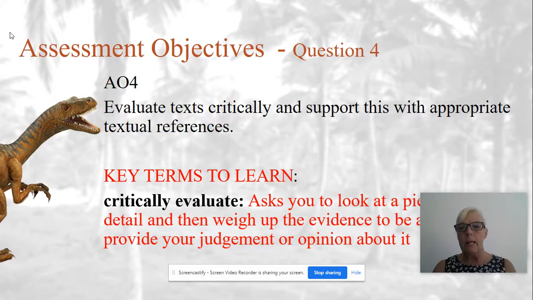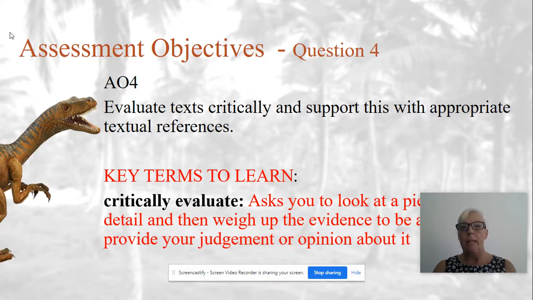Do we really understand what that is? If you critically evaluate something, then what the examiner is asking you to do is to read a piece of text and look at it in a lot of detail, sort of like take it apart like a detective, and then weigh up the evidence to be able to provide your judgment or opinion about it.